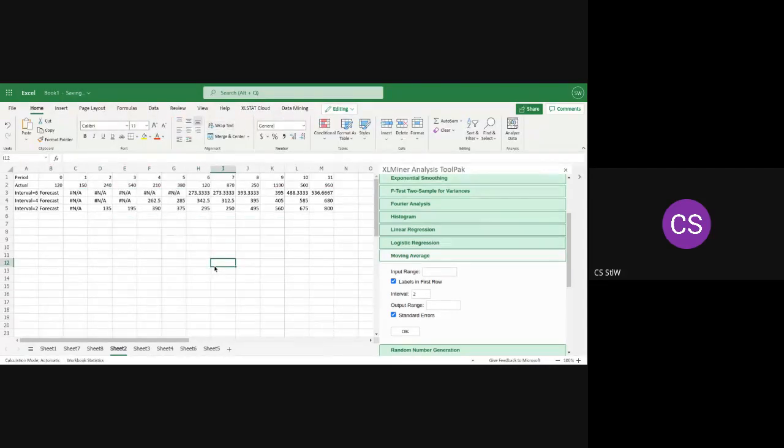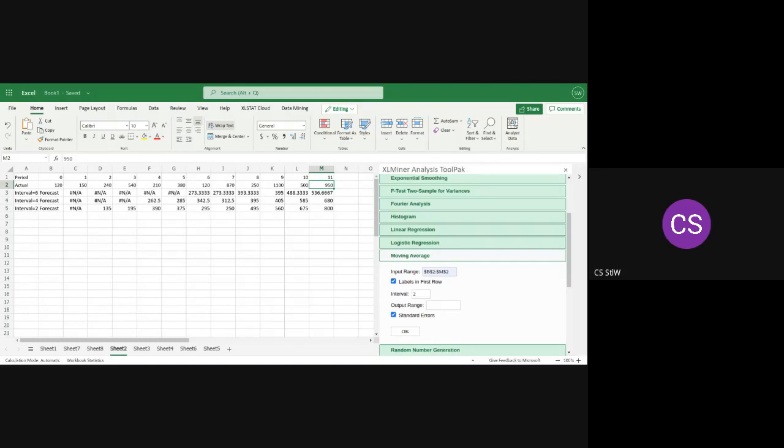Your input is going to range from B2 up to M2, so that is this data that is here. The actual is what we are influencing and affecting with the interval, and we remove it since we are calculating the moving average of a time series.